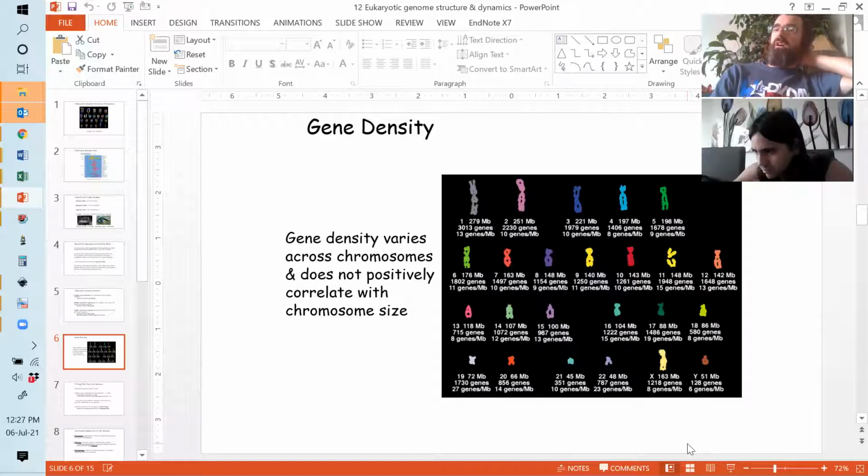Other chromosomes are the opposite. Which one's the most densely packed? Number 19, right? It has 27 genes per million base pairs. So it has almost the same number of genes on the chromosome as chromosome 3, which is 3 times larger.